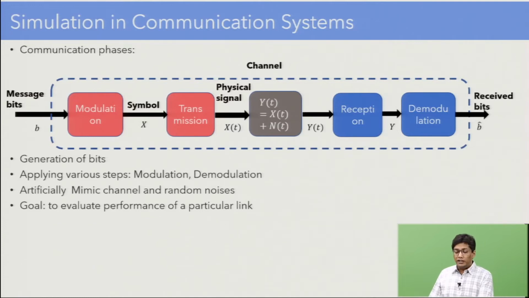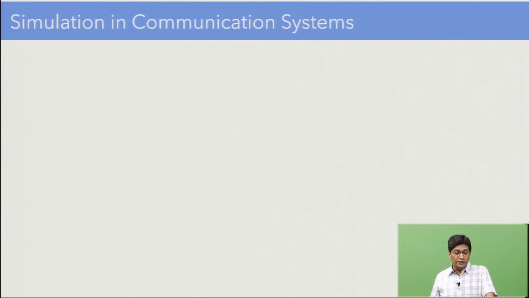So, you look at what you have received and what was transmitted, and you compare how many times you get an error. Because of the random factor, this is again a random result, because sometimes the bits may be correct, sometimes the bits may be wrong. So, you look at the average performance and you look at the bit error probability.